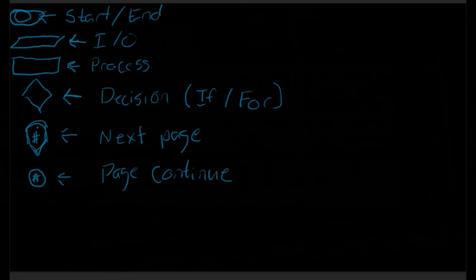So you have this guy saying, oh, you need to go to number 5, and then this would have number 5, and that means at the very top it would have a number 5. So we'd have our stuff here, blah, blah, blah, and then we'd have our little thing here, like this, saying 5. Then at the beginning, instead of having another start, we would just put a circle with 5 and continue our code there. And that just helps you get from page to page.